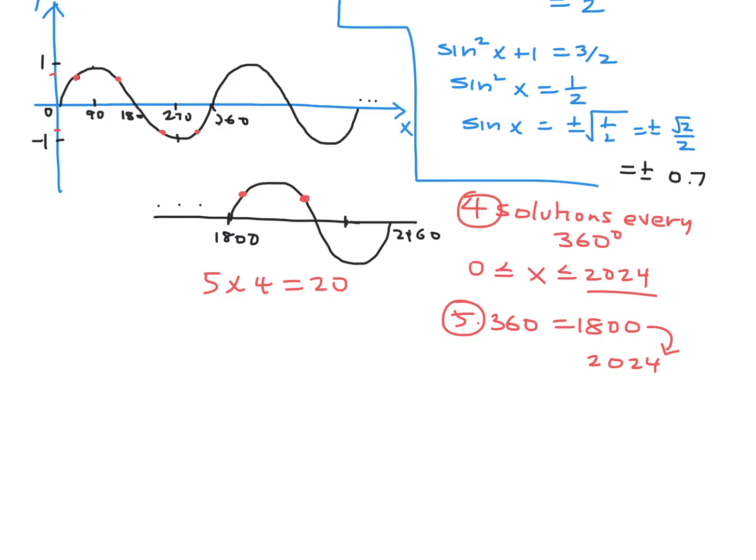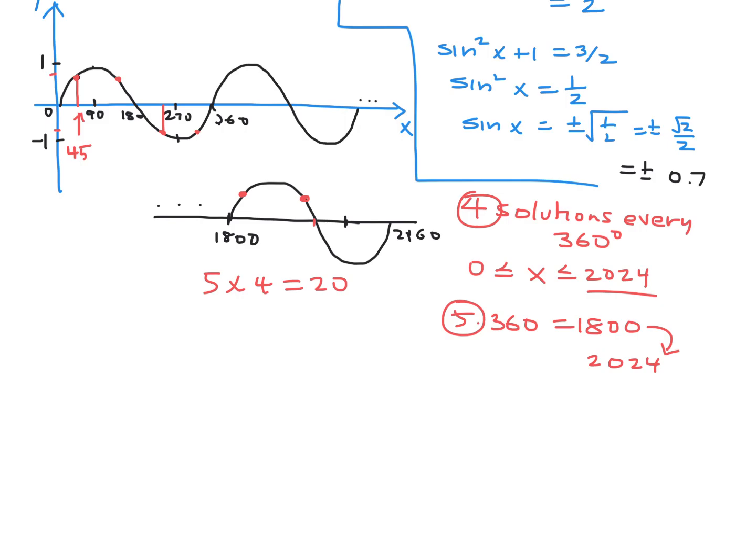Aha, I got to figure out what that point on the x-axis was. That would be similar to figuring out what that point is. Okay, that's not a problem. You can use your calculator. 45 degrees. So this point plus 45 would be the next negative 0.7.